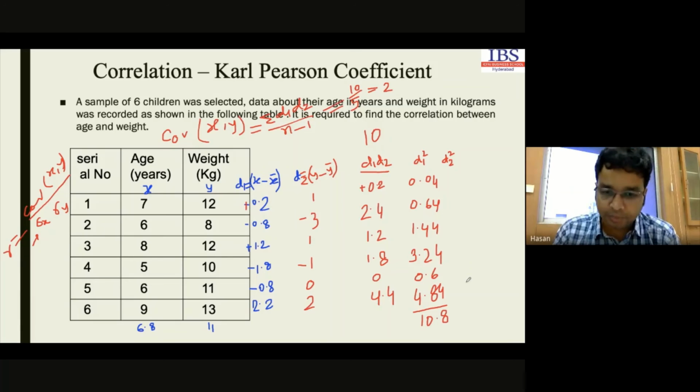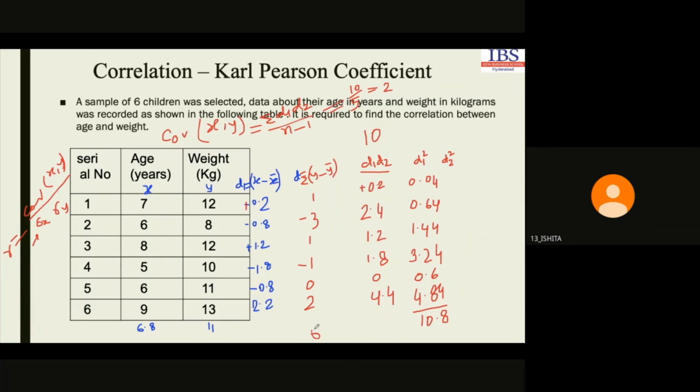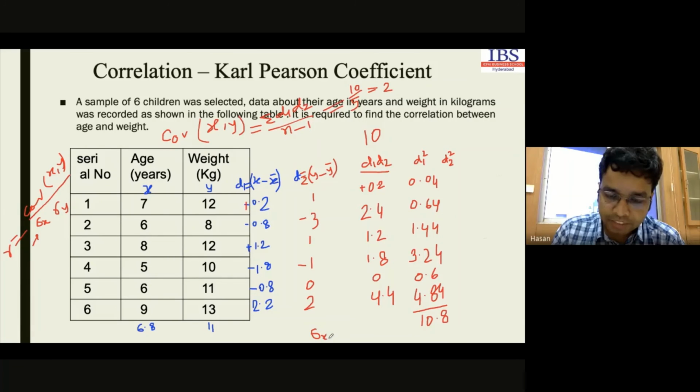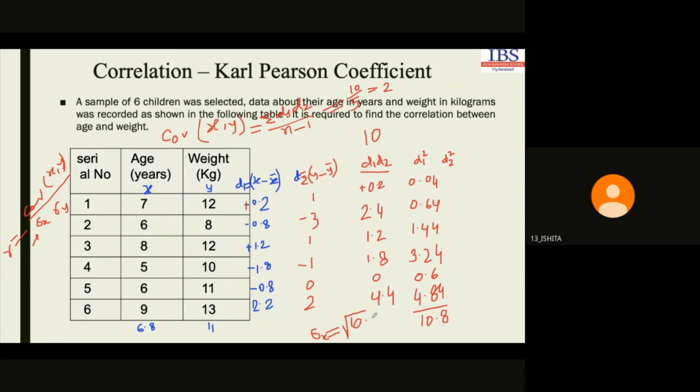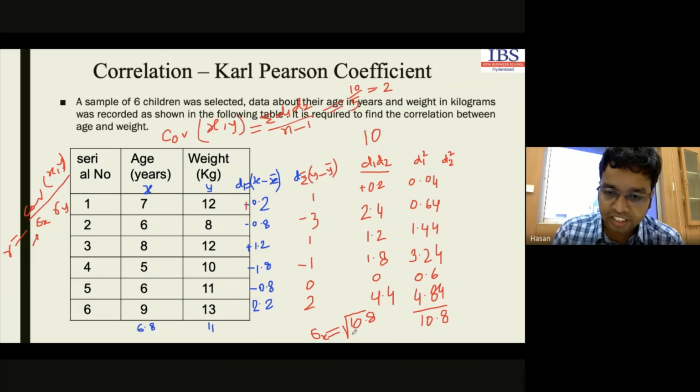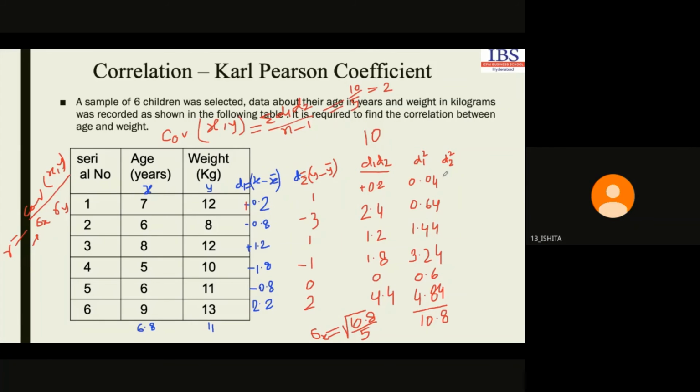Then what will be the value for sigma x here? Square root of 10.8 by 5. Okay, next for D2 square.